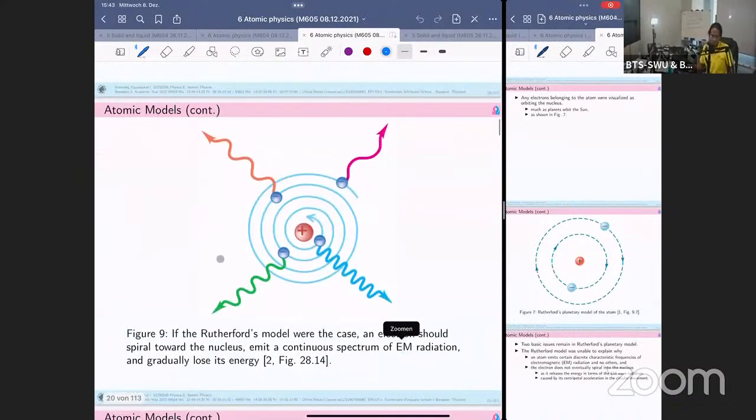This is the figure that tries to show the actual behavior of the Rutherford atomic model. It has a large lambda, which is the wavelength here, and when it changes direction, it will release light all the time.